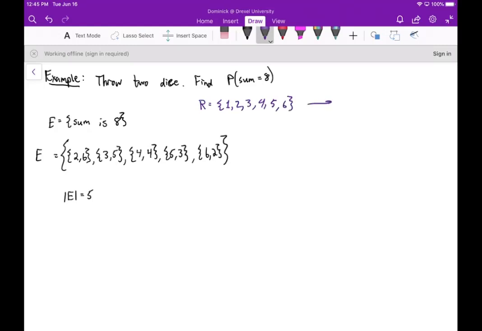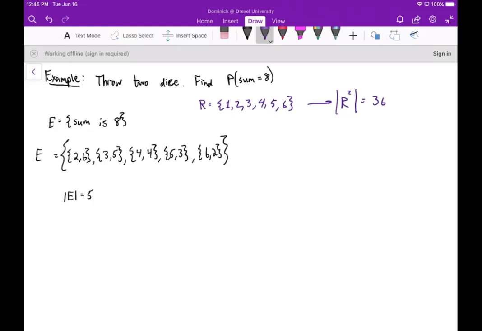For my big experiment, if I'm throwing 2 dice, that's R squared. We won't list everything out, but we're going to have 36 possible outcomes, because I have 6 for R, and then I'm crossing it with 6. So R squared will be 6 times 6.